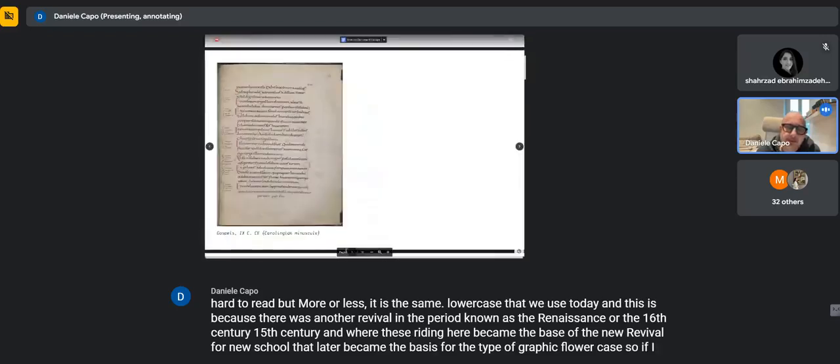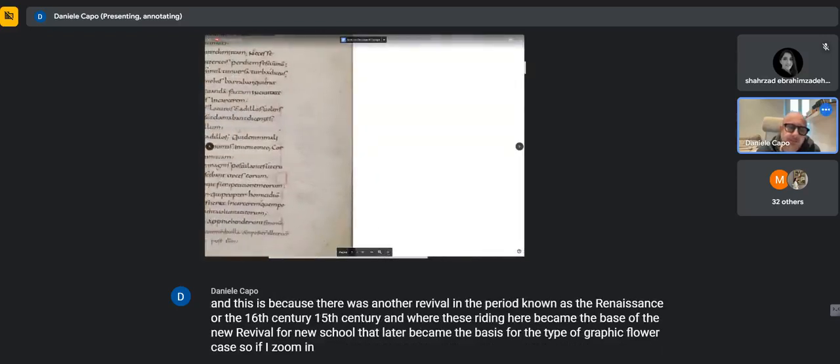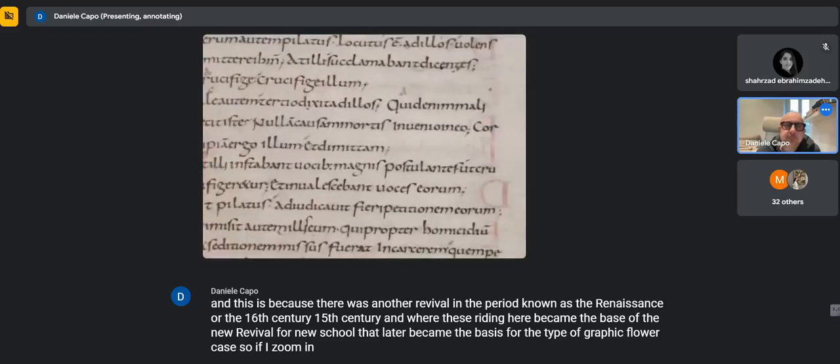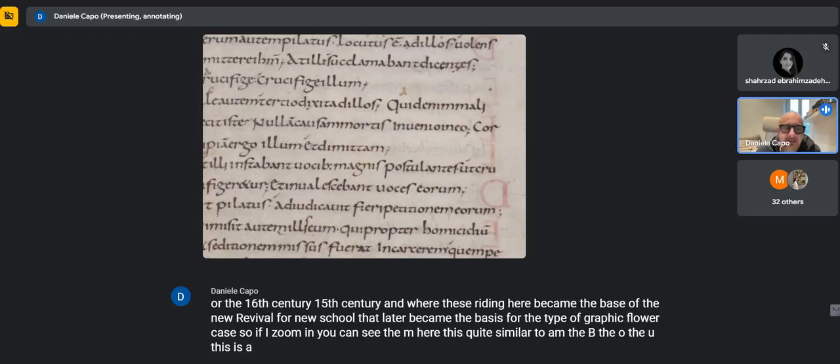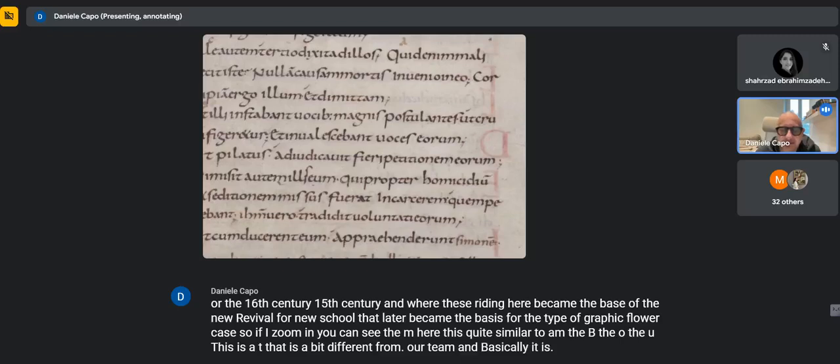So if I zoom in, you can see the M here is quite similar to the M, the B, the O, the U. This is a T that is a bit different from our T. And basically, it is all that we have today.